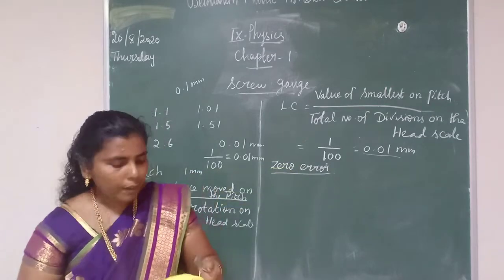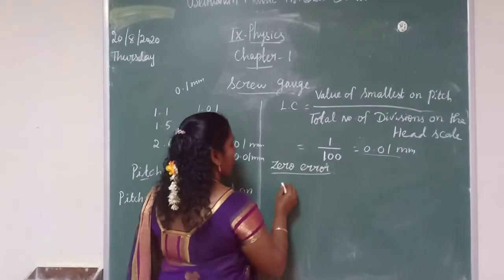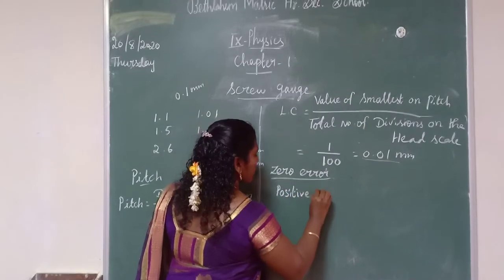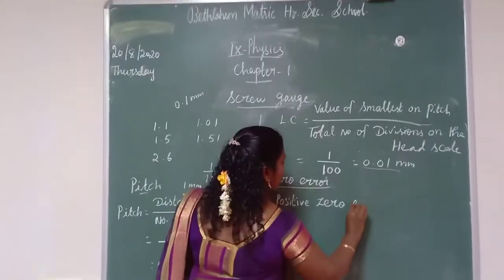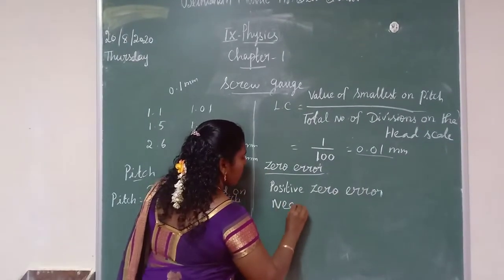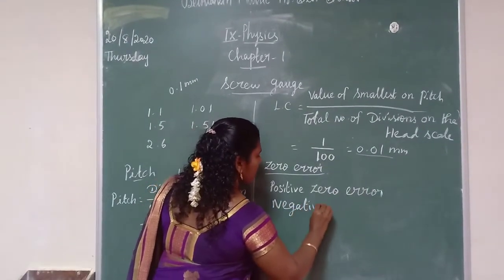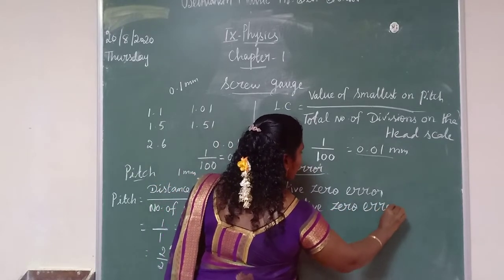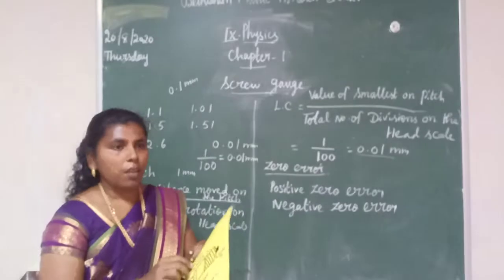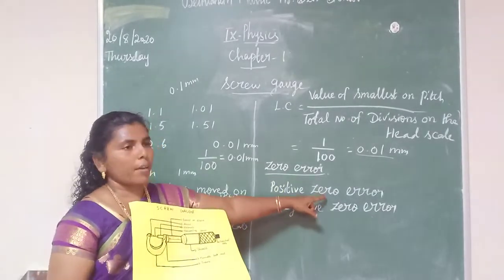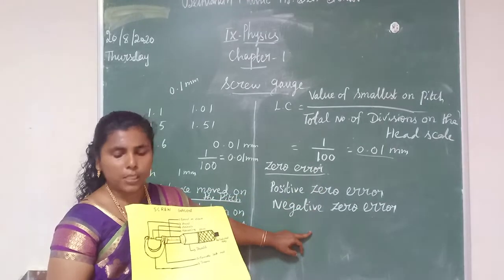Suppose there is an error, then there are two types of error: positive zero error and negative zero error.